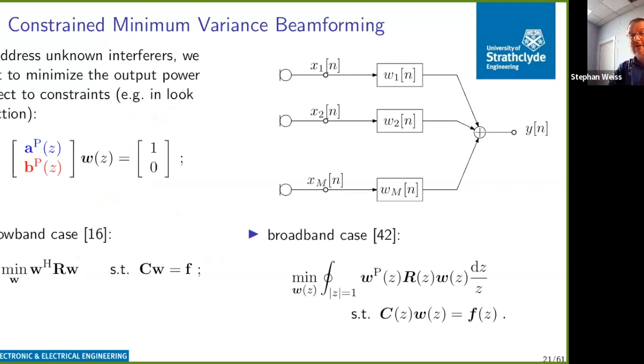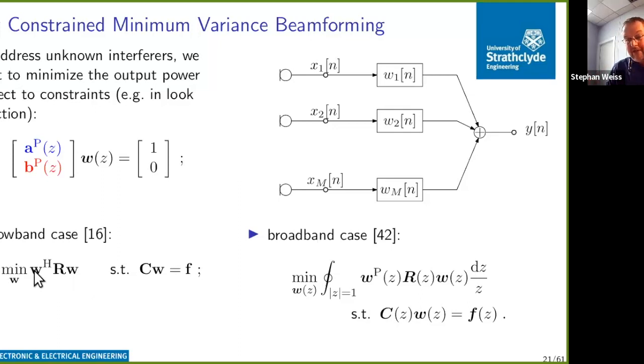In beamforming, often the situation is not quite as generous to us. So we often don't know where our interferers are coming from, what the transfer functions are. So typically what we set up as a problem is a linearly constrained minimum variance problem. So you see that in the bottom left-hand corner.